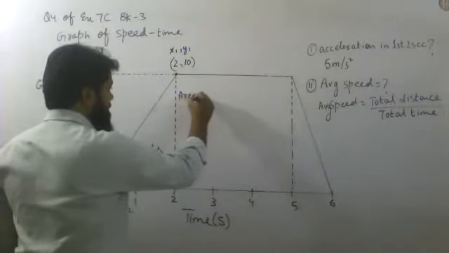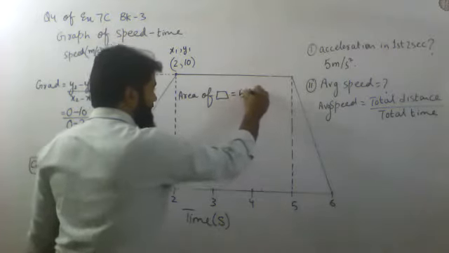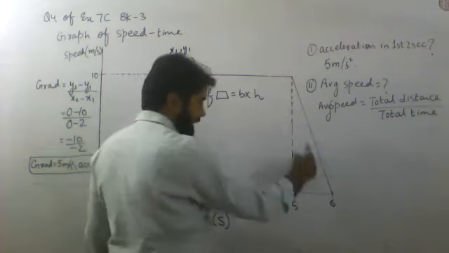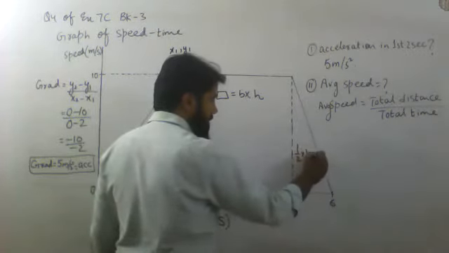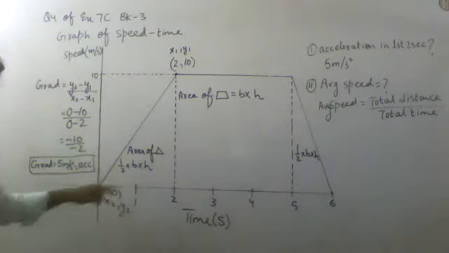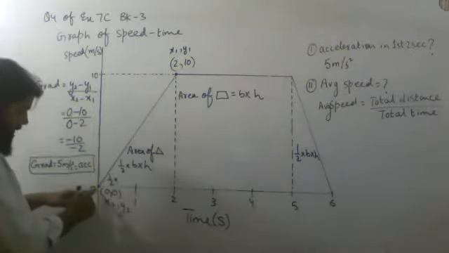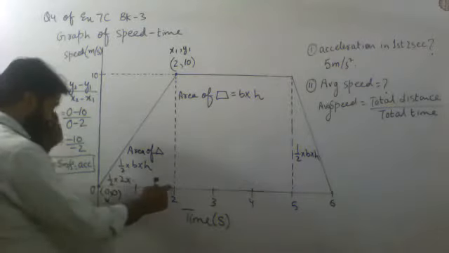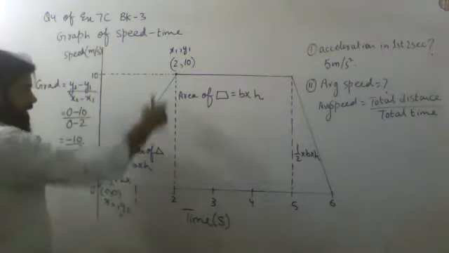Area of rectangle equals base into height. Again over here, again a triangle, half into base into height. Coming to this one, half into base, from 0 to 2, and height from 0 to 10, from this point to this point.